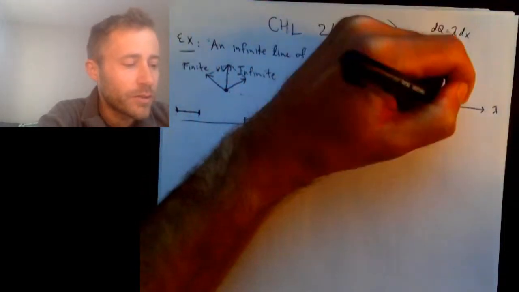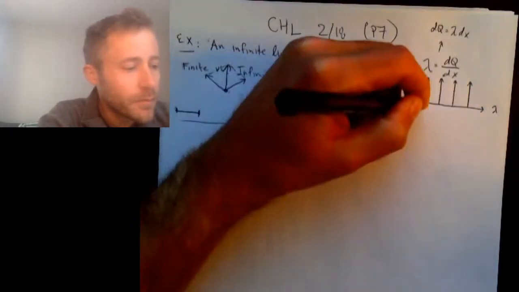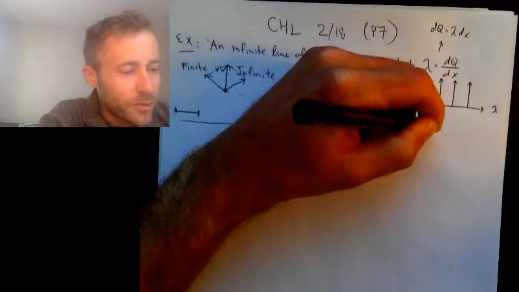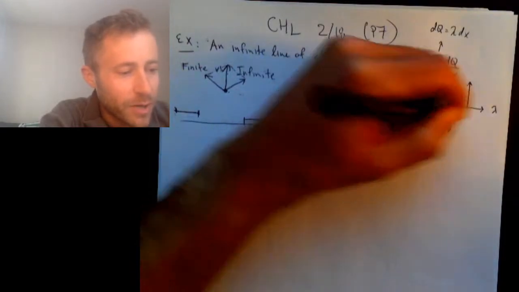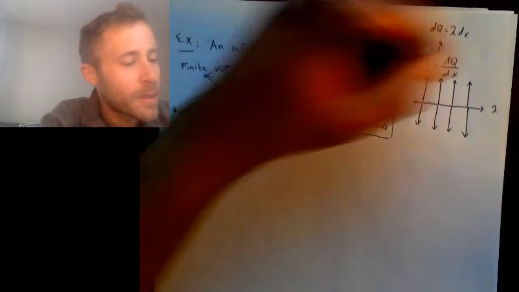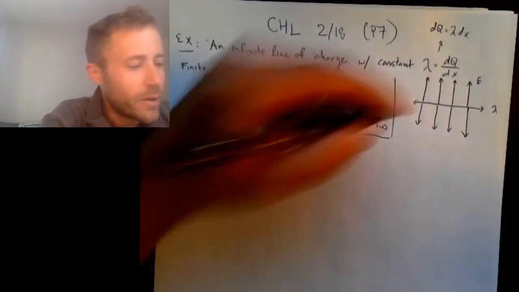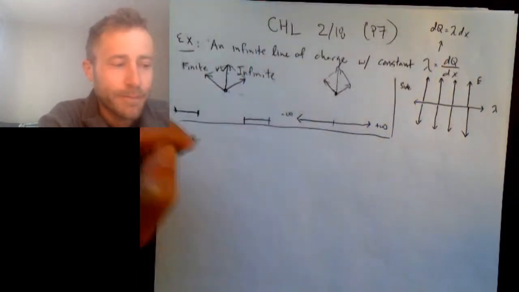So the electric field lines look like this. This is assuming that it is a positive line of charge so that the electric field points away from it. So this is how the electric field is going to point from a side view.